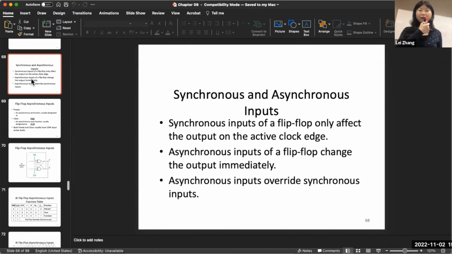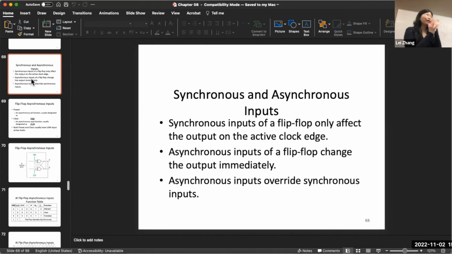A synchronous input of a flip-flop only affects the output on the active clock edge. An asynchronous input of a flip-flop changes the output immediately. We know that D works only based on the rising edge or falling edge of the clock, so this input is synchronous.